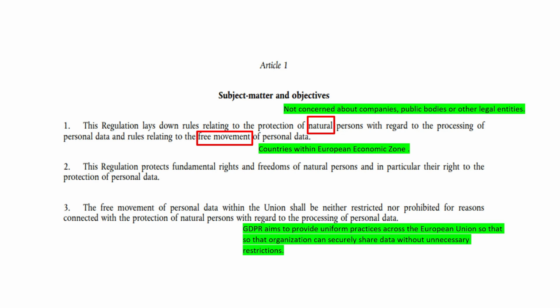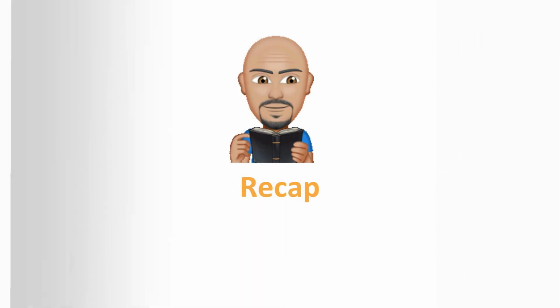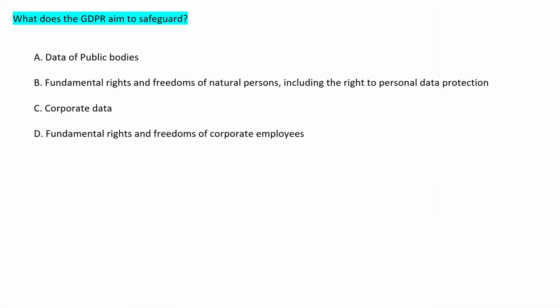Let us now move to our next topic. Now, let us recap some of the important provisions of Article 1 by way of multiple choice questions. Let us discuss the first question. What does the GDPR aim to safeguard?